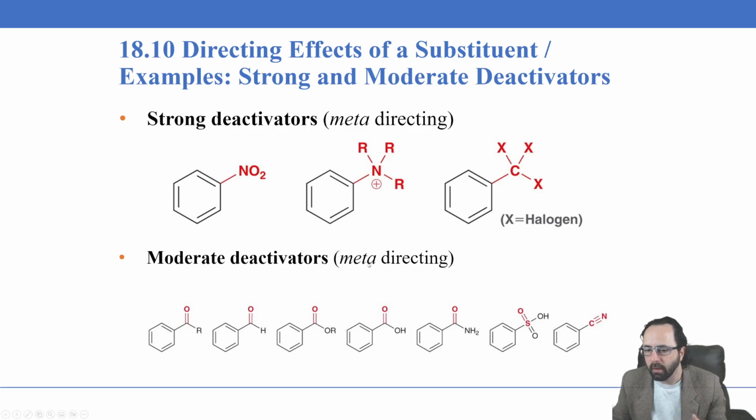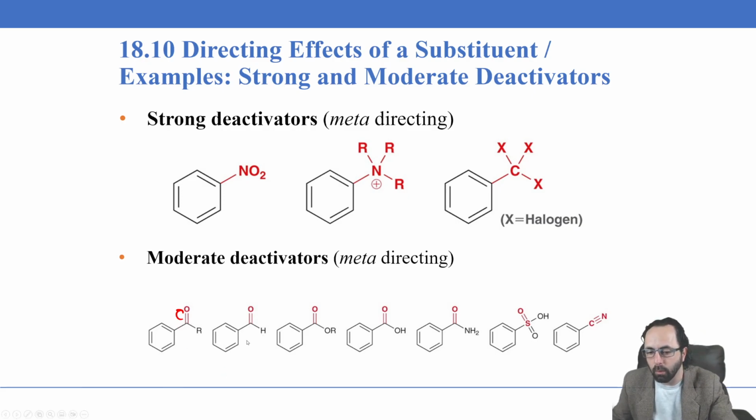Moderate deactivators, those are going to be those that can withdraw electron density from the ring somewhat. These would be by resonance as well. So here we can have a pi bond between 2 atoms of differing electronegativity, which would end up giving us a carbocation here. And then we'd have an allylic carbocation.